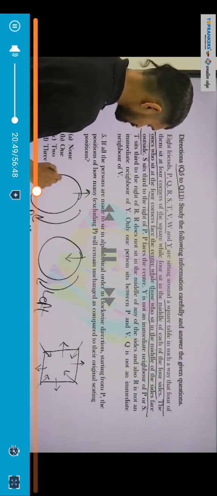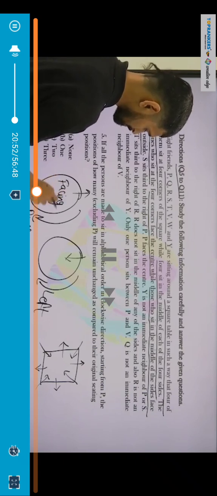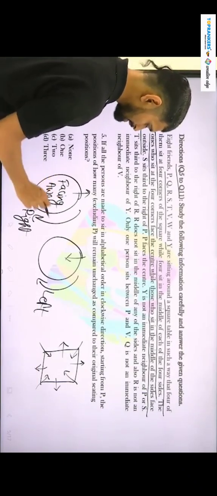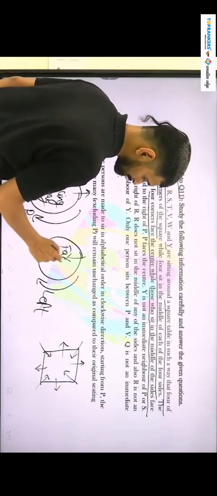Right. This is facing away, and this one is facing the center.